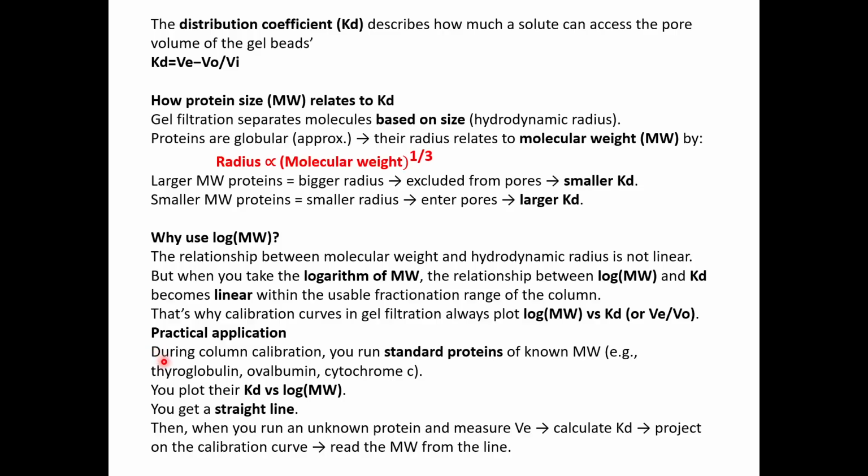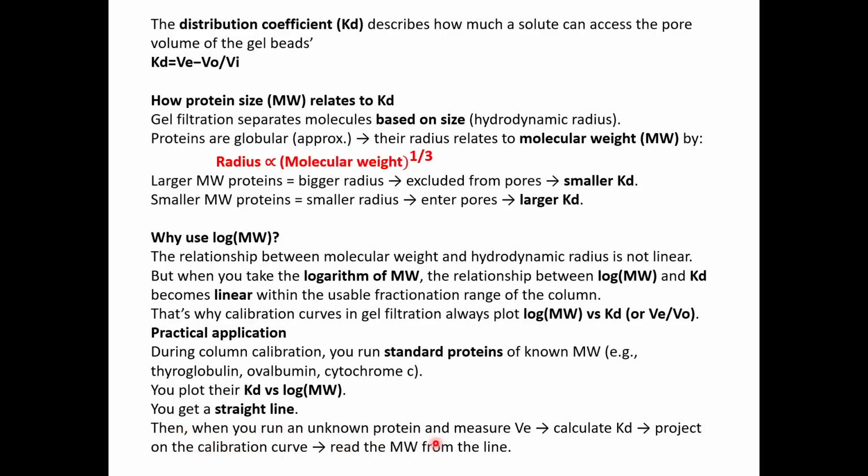Practically, during column calibration, you run your standard proteins of known molecular weight and plot their KD versus log molecular weight. It's like your protein estimation: you have your standards, you plot a graph and get a straight line, and using that straight line you can find your unknown.